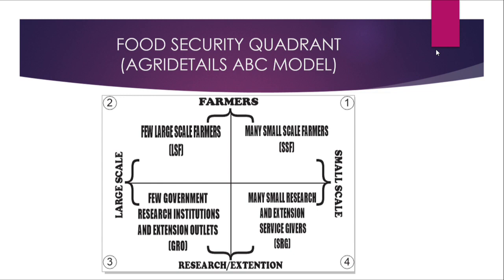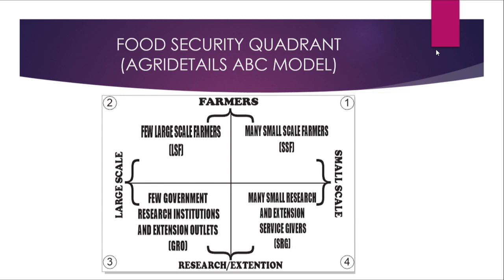So, first quadrant is telling us many small scale farmers. There must be many small scale farmers if we want to feed the world. Or we move to the second quadrant. Few large scale farmers.